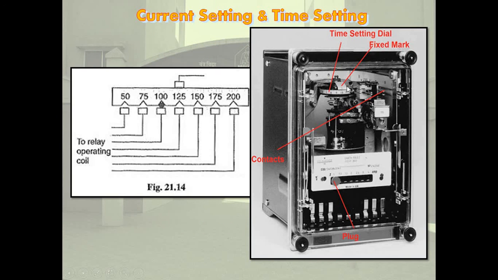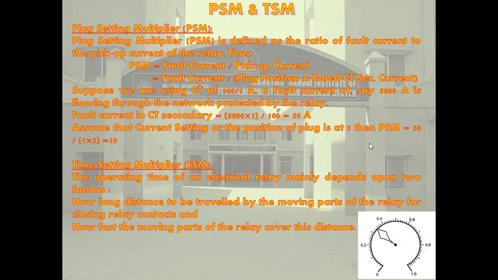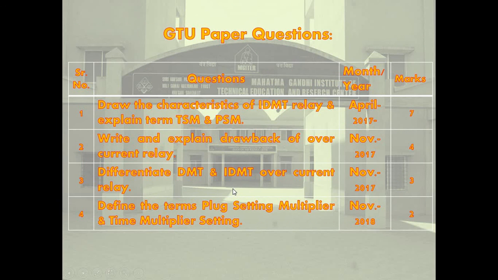This is a scale, 0, 0.2 up to 1 or maximum. This is the time setting and this is the plug setting. This is a flag. When the relay operates, the flag opens or closes. So this is PSM and TSM.